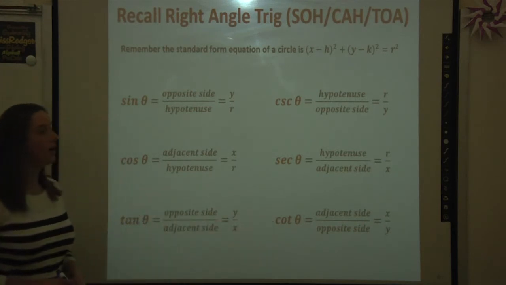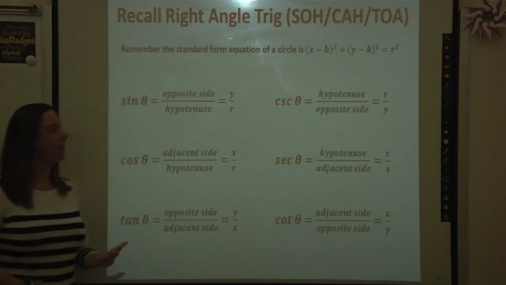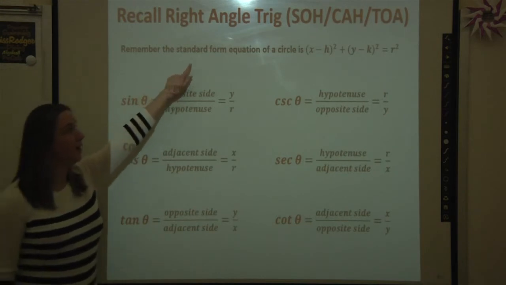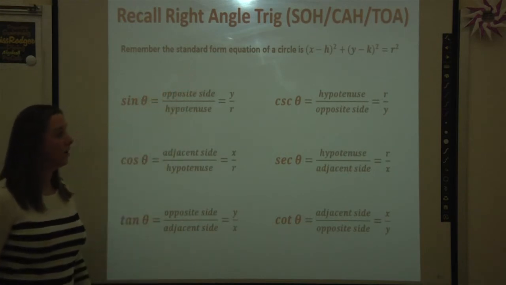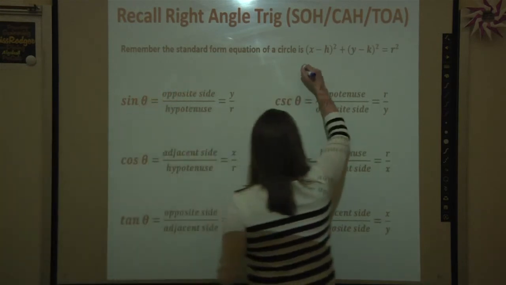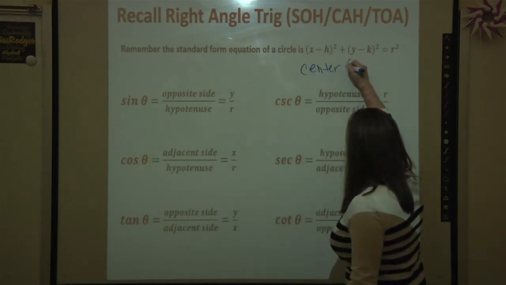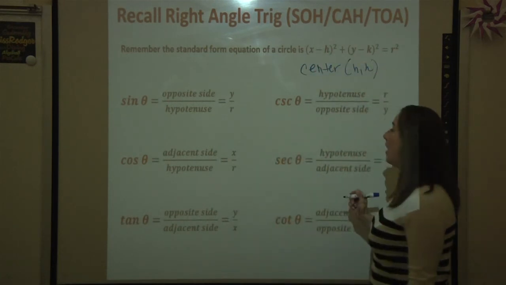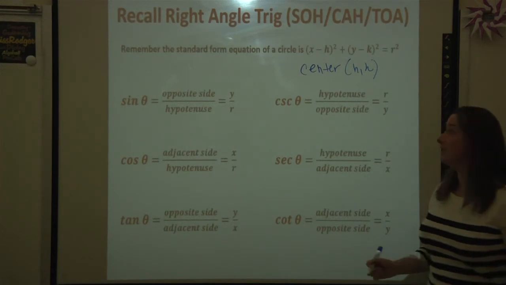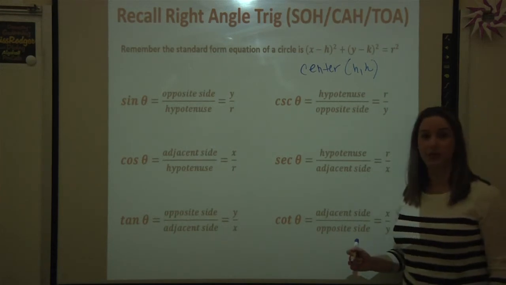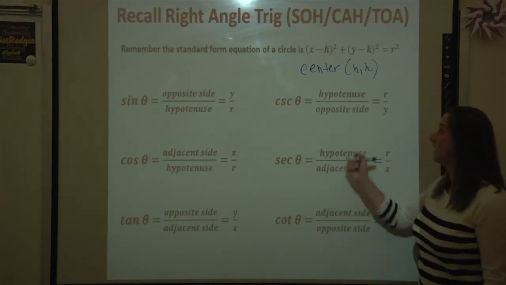So when we think about our unit circle and we connect it back to our standard form equation of a circle where our center is h comma k, our center of our unit circle is going to be 0, 0, which is at the origin, and our radius is going to be 1.